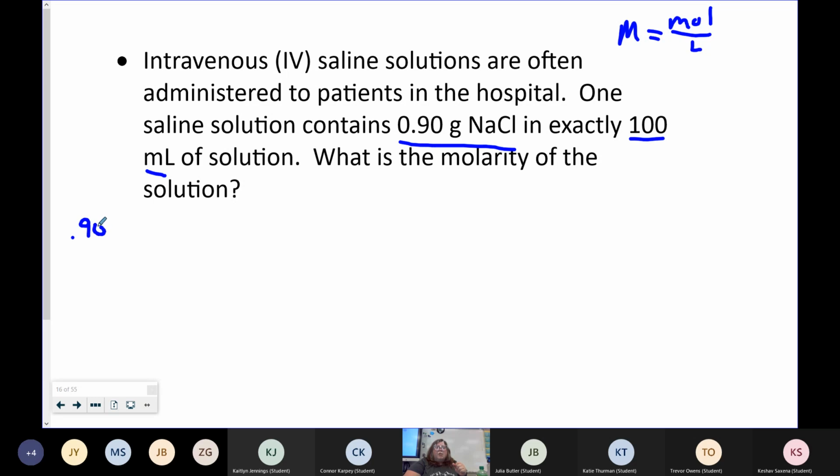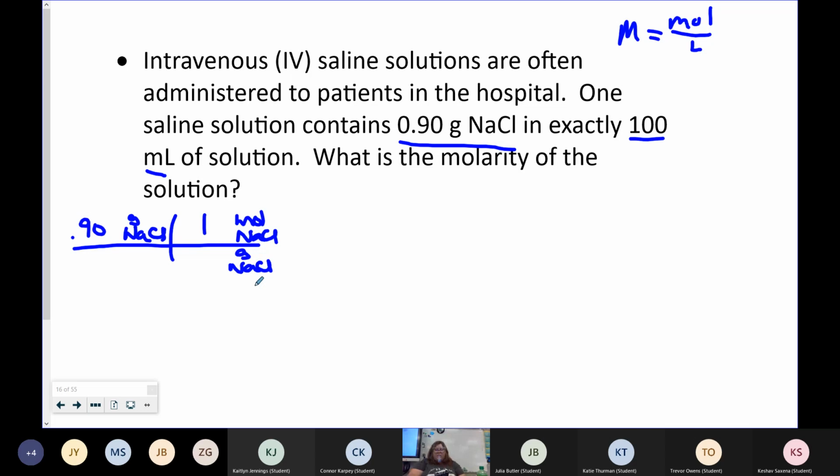So 0.90 grams of sodium chloride. We need to get to moles, so we don't need grams anymore. Where should that go in our next step? Yep, down to the bottom, to change into mole. And remember, grams per mole is always out of 1 mole. So grams per mole is that molar mass.